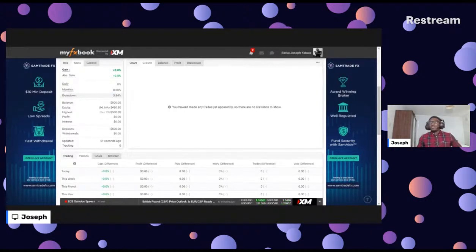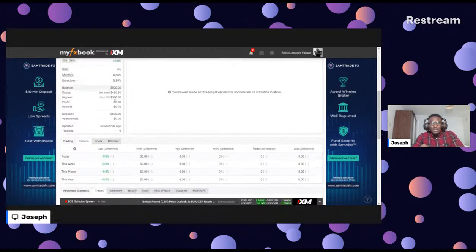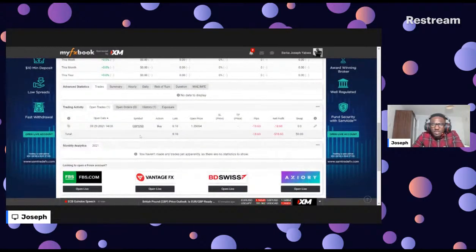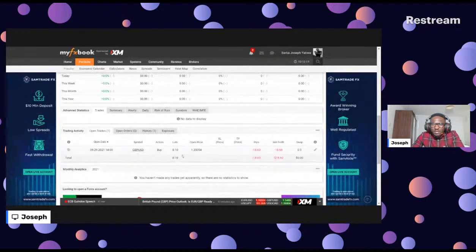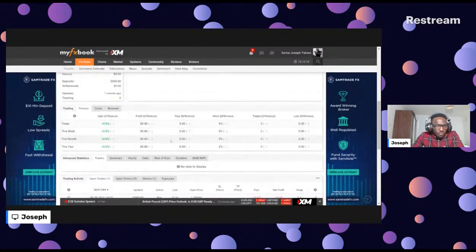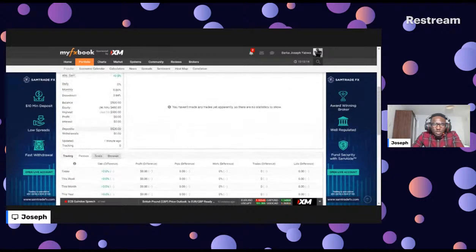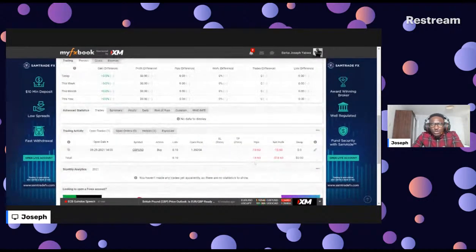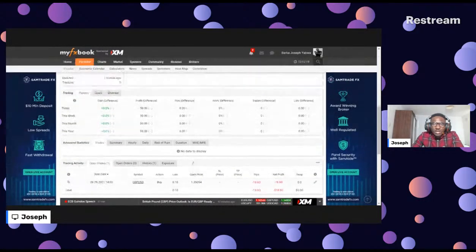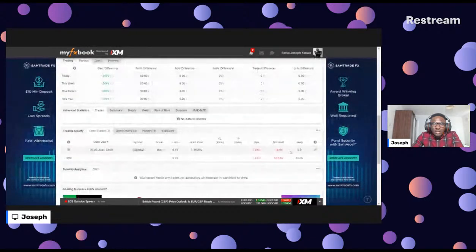Now this is something that's also very, very important in trading. If I scroll down here, you can see this is the trade that I'm in currently. You're not going to start seeing any kind of results until this trade is closed. Once this trade is closed, then you're going to see a lot more detailed statistics.